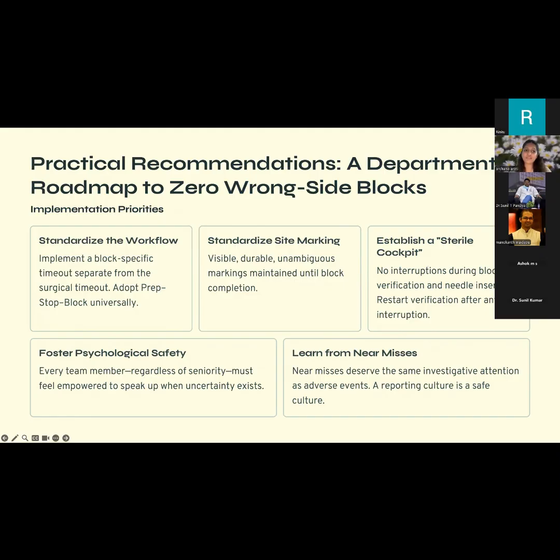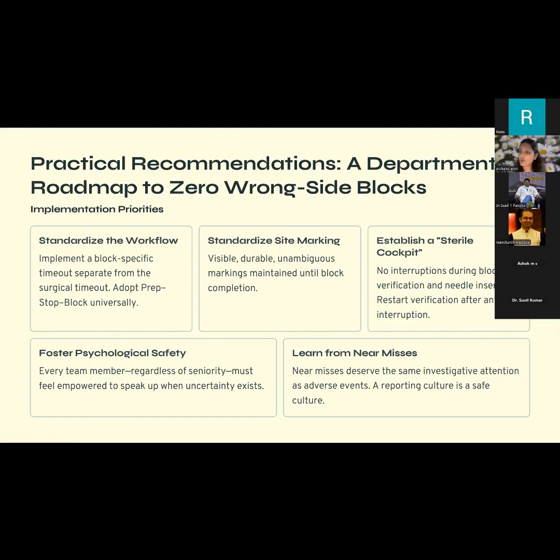So the practical recommendations for a roadmap to zero wrong-side blocks would be: standardized flow, implement specific checklists, or stop-before-you-block techniques before you get into the actual regional anesthesia procedures. Standardize the setting and empower the frontline, the people who are receiving the case.